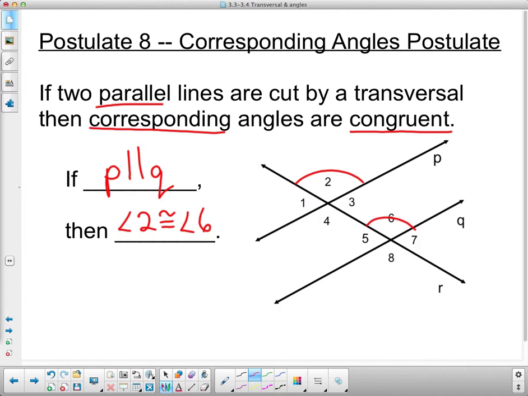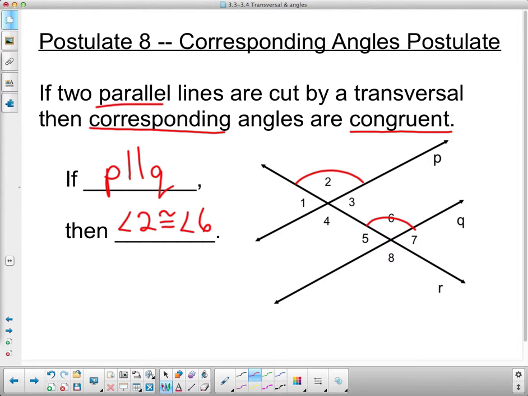Corresponding angles are always congruent. They're always the same degree when the lines are parallel. If P is parallel to Q, then angle 2 is congruent to angle 6. I could have listed a lot more angles. I just picked out one pair for an example. If you don't have it numbered the same way, then the example's not going to work well.